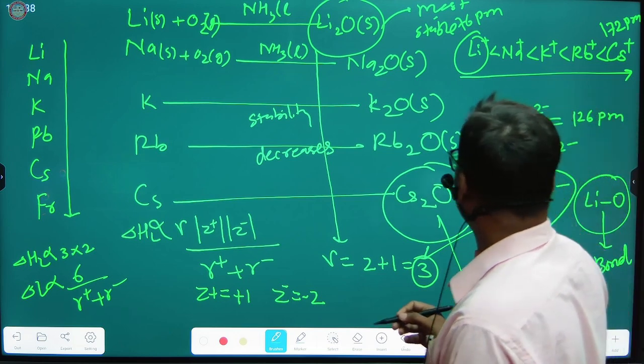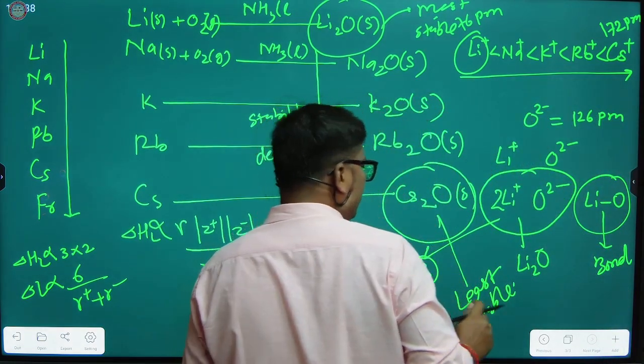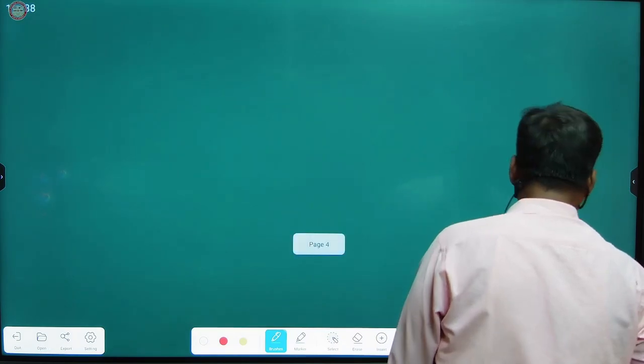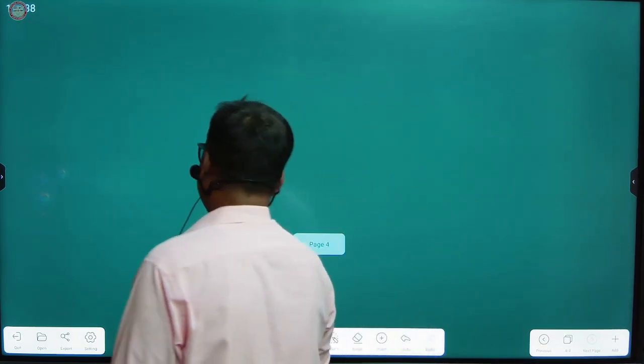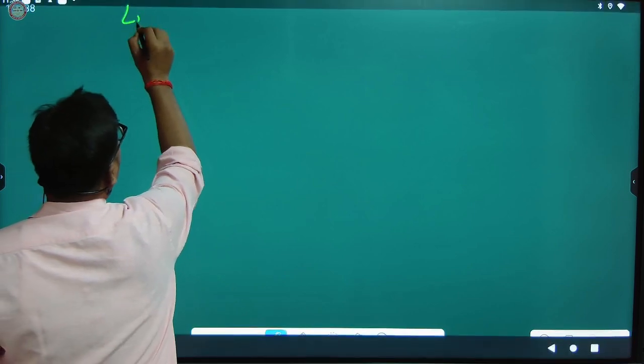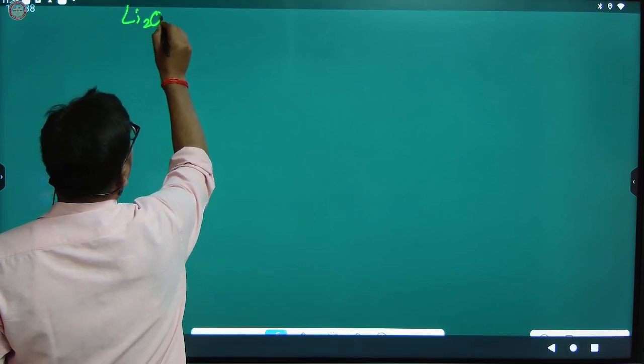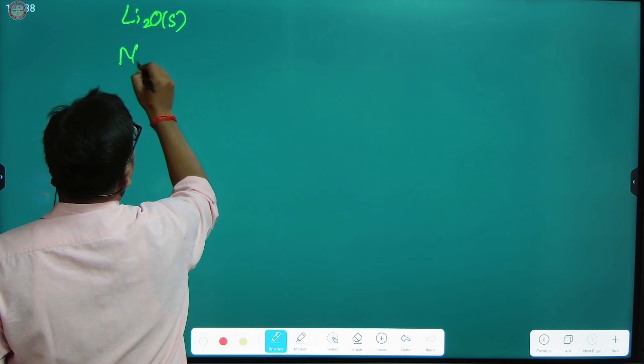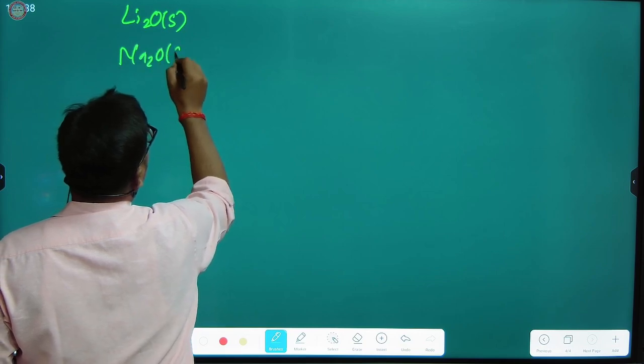So all alkali monoxides are basic in nature, like Li2O solids or Na2O solids.